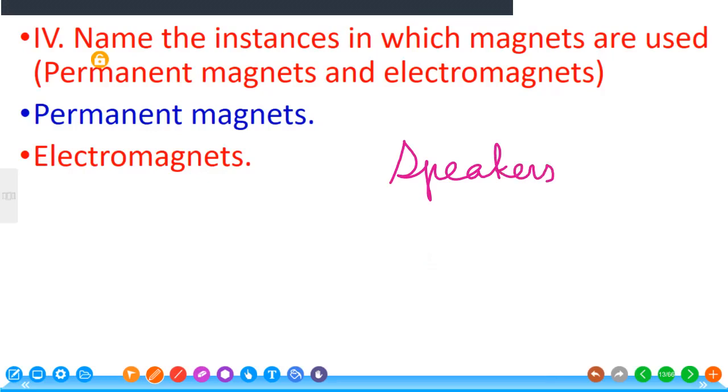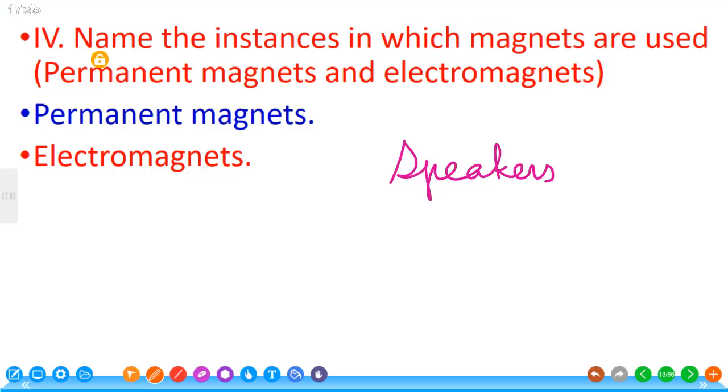In speakers, you can see a permanent ring magnet at the back of the speaker, and even in pencil boxes like that. And even then you can think of certain magnetic doors, for opening and closing, right?